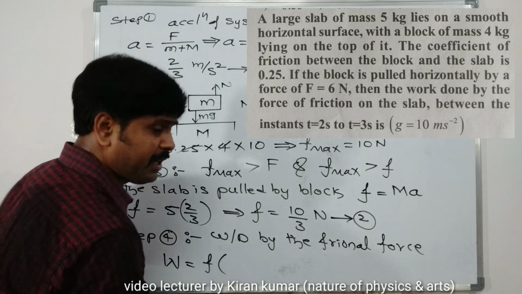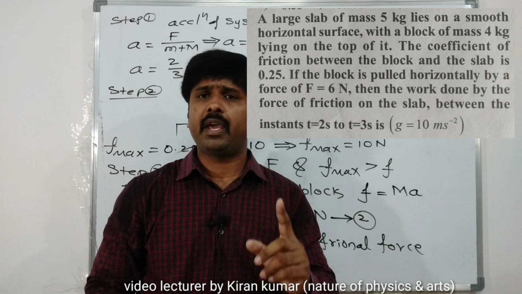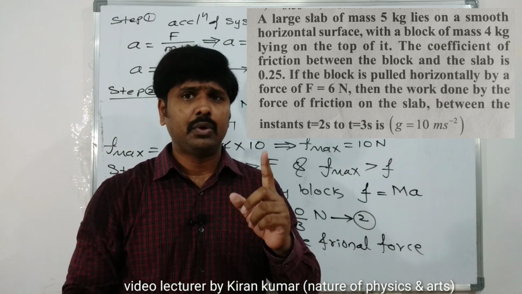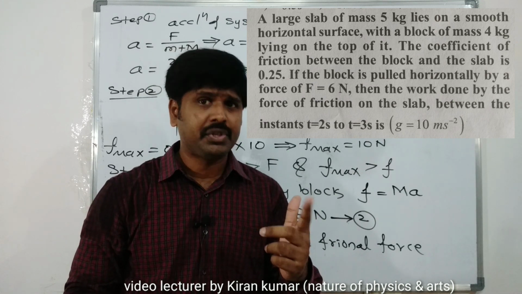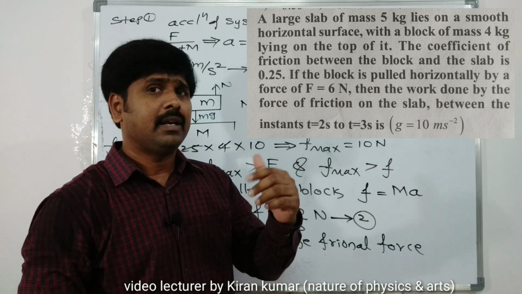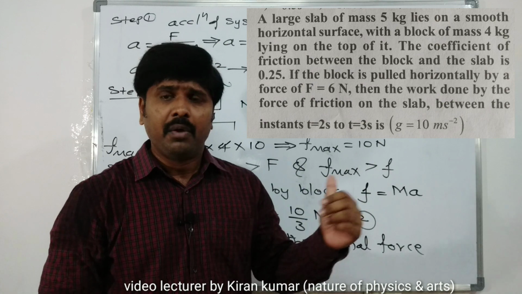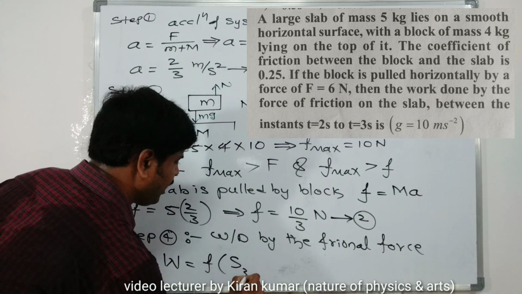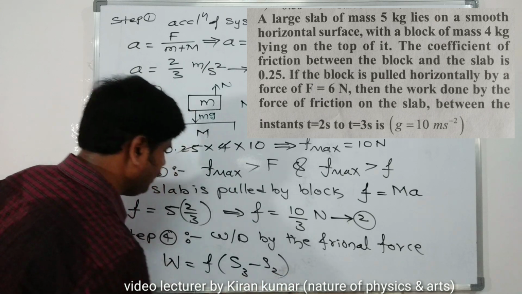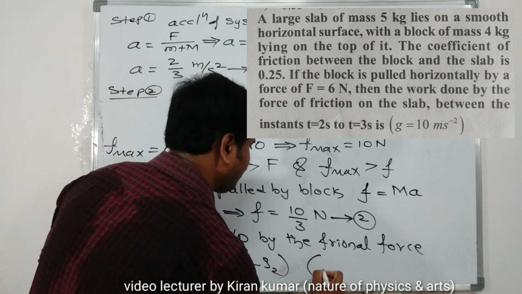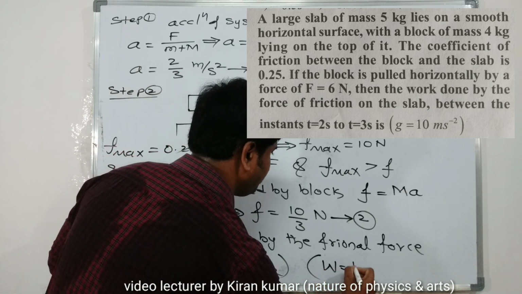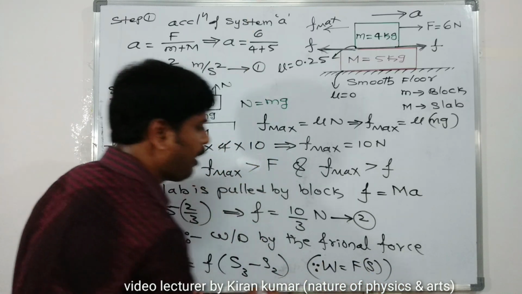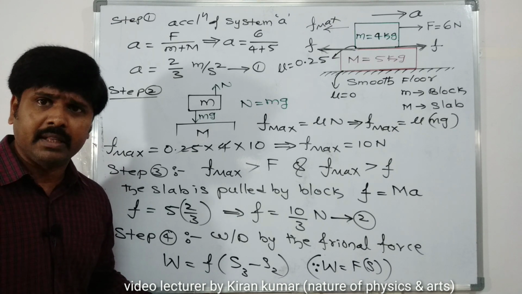The displacement is given in two conditions: the first condition is t equal to 2 seconds, and the next condition is t equal to 3 seconds. The S2 value and S3 value we will discuss. I am just writing the formula, that is S3 minus S2. So simply, work done is equal to force into displacement. Please note this.